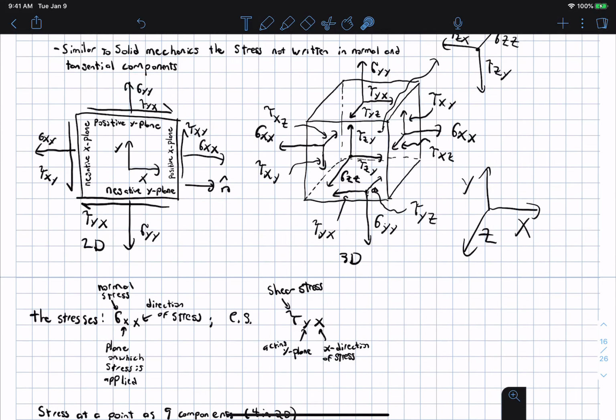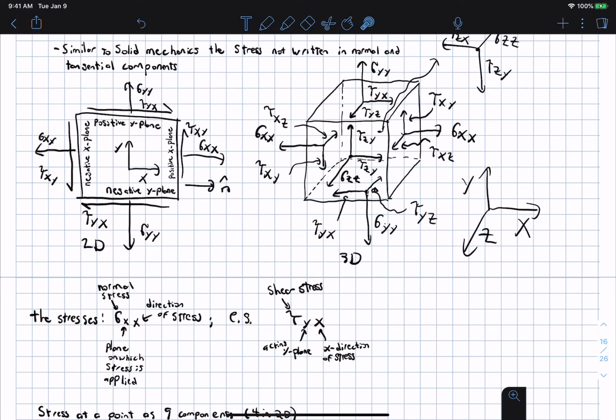Okay, and so you can think of, even though this one is pointing to the left, n hat is pointing to the left. So both the force and the n hat are in the negative direction, and so that still gives a tensile force.